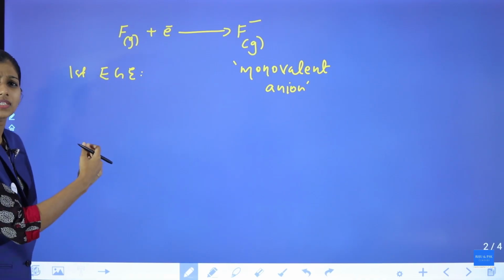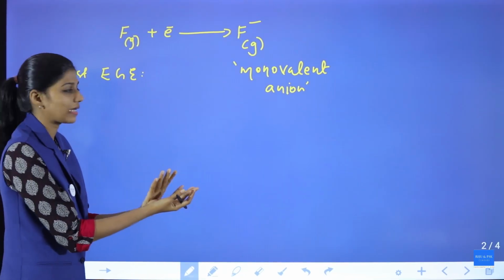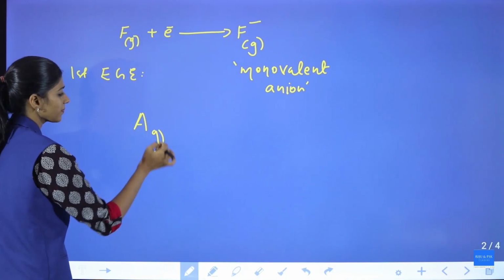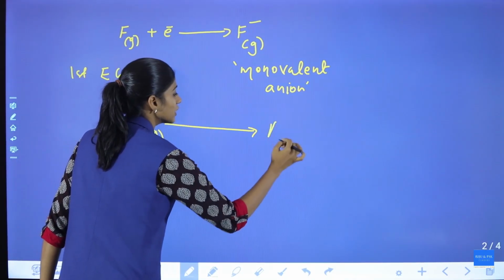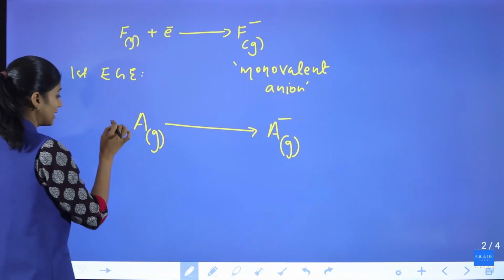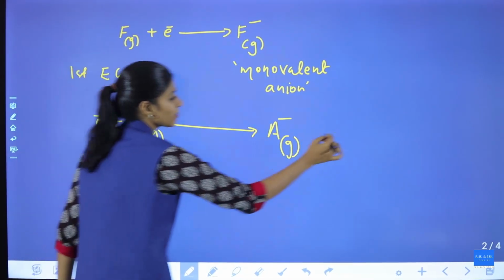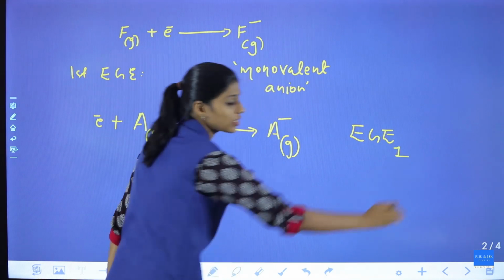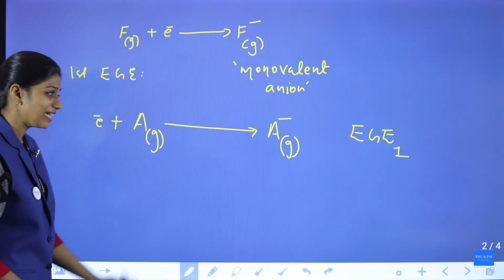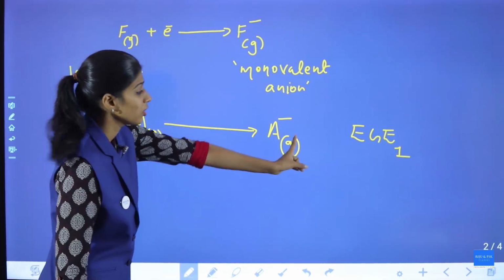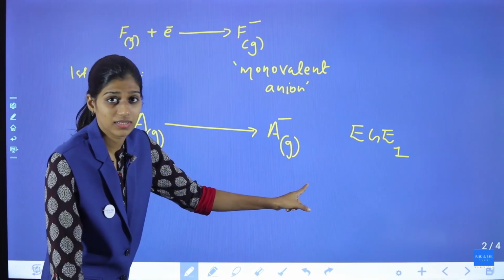How will you represent the second electron gain enthalpy? So, generalizing, you take a gas A and now this is converted into a monovalent anion by adding an electron, and this represents your first electron gain enthalpy, EgE1. Second electron gain enthalpy is the addition of the next electron to this monovalent gaseous anion.